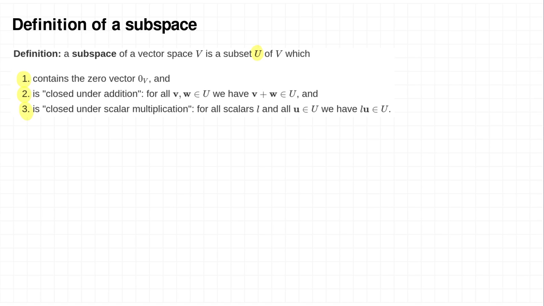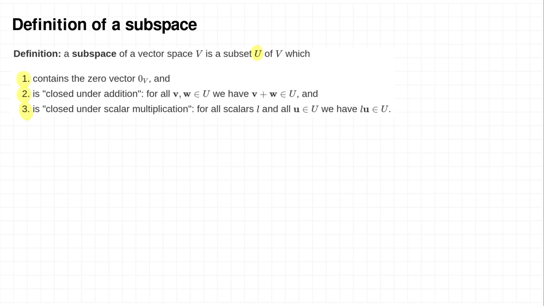And what that means is that if you have a scalar L, and remember, that just means an element of the field over which V is a vector space, and you have any element u in U, then the scalar multiple L times u must also be in U. So there's a piece of notation which we use to express that U is a subspace of V, and here it is.